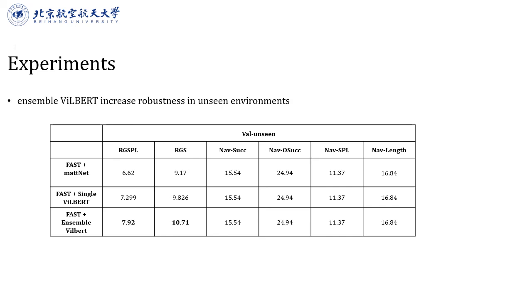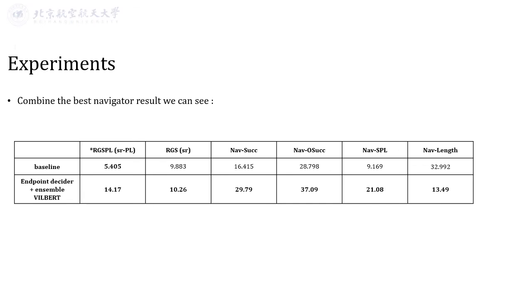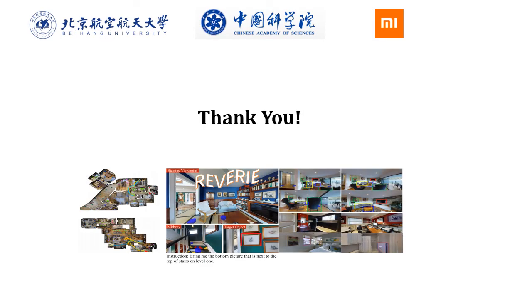And if we use the ensemble ViLBERT, it outperforms the single ViLBERT. It shows that our ensemble method works on this task. And if we combine all the best results in the pointer and navigator, we get the final result on the unseen environment. It outperforms the baseline a lot. So much for our talk. Thank you.